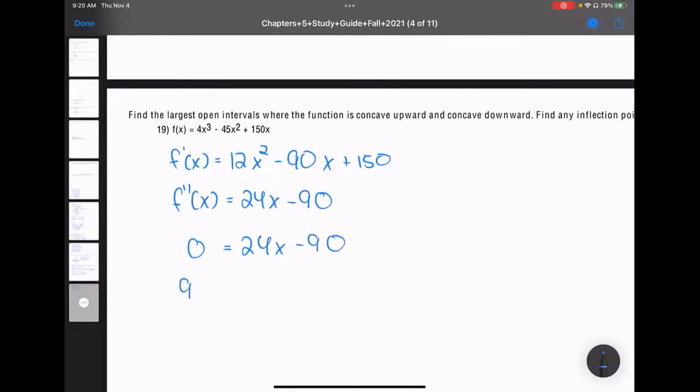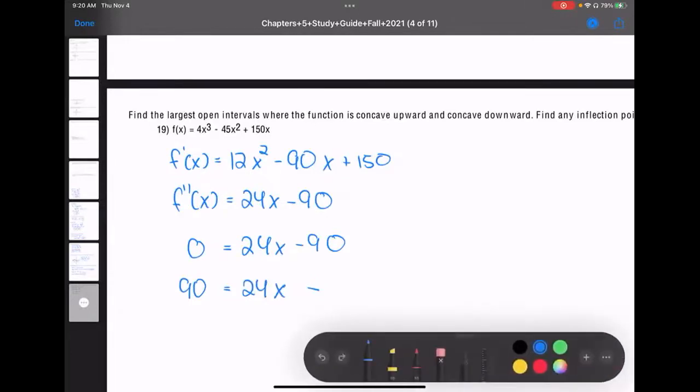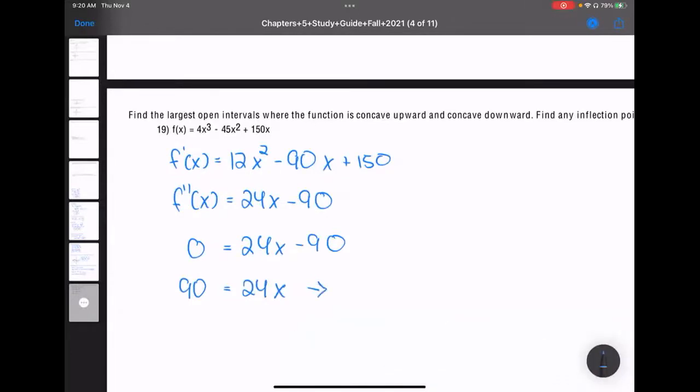We add 90 to both sides, which is going to give us x equals 90 over 24, which we can simplify down to 15 over 4.